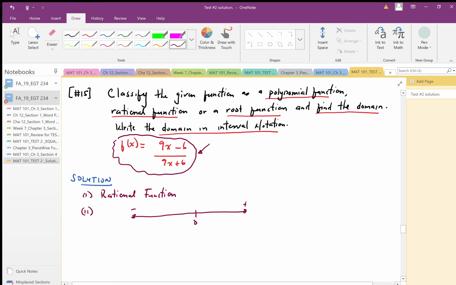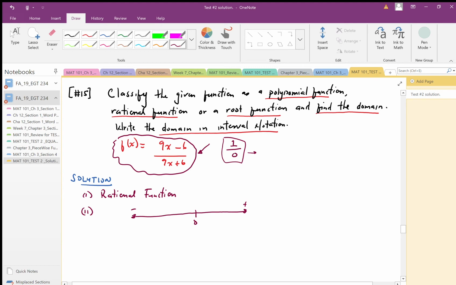Or what number, if I plug into x, will not make this function possible. So just kind of look at the denominator. In any case, you don't want your denominator to be 0, because if I have a number, let's say 1 or 2 or 3, over 0, an expression like this typically is undefined. Okay, so we don't want that.